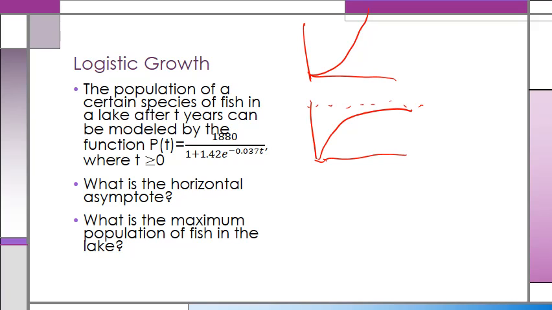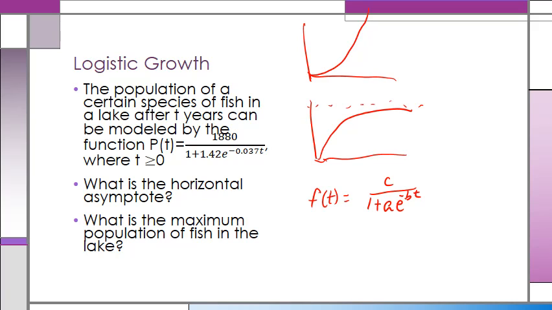Now, the basic logistic growth function goes like this: f of t equals c over 1 plus a times the natural base e raised to the power of negative b times t. In our book it says b for this logistic growth.